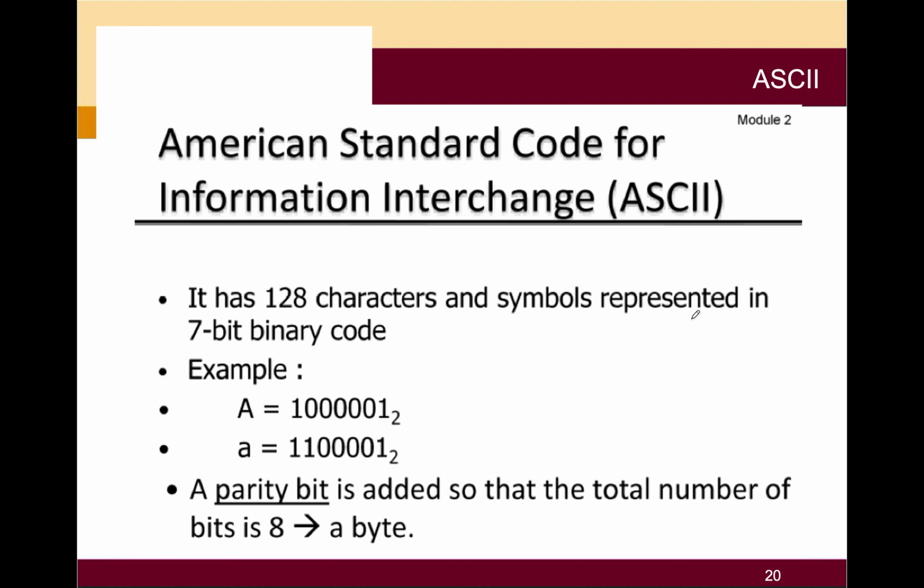Let's say you have the ASCII code. It has 128 characters and symbols represented in a 7-bit binary code. An example: if you have A in ASCII, you have this binary code.